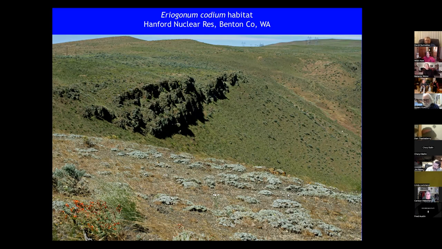So I didn't get any documentation, unfortunately. And I've looked every time I'm up in that area, and I know there's a couple of patches where I saw it, and I've yet to encounter it since that time, but I'll keep looking.